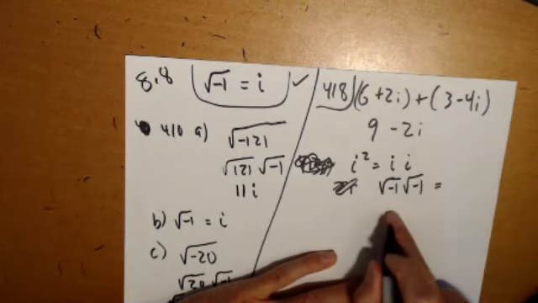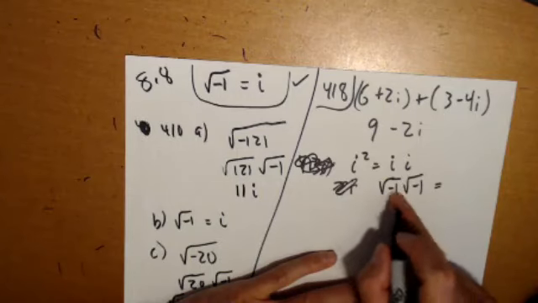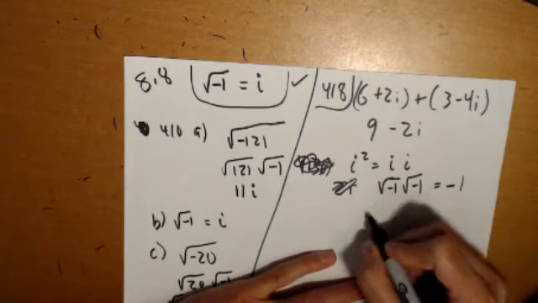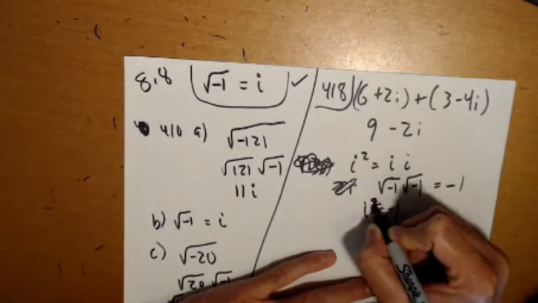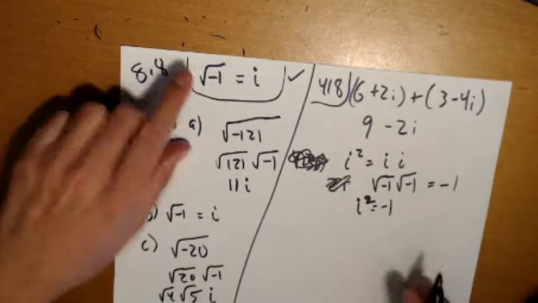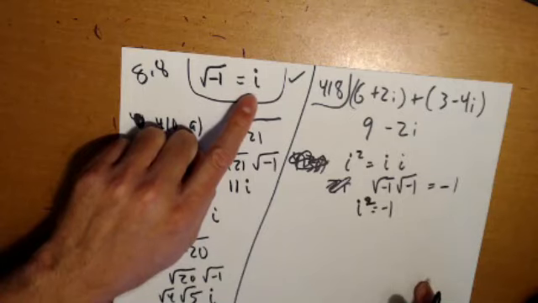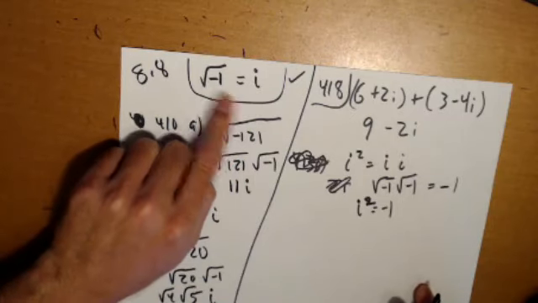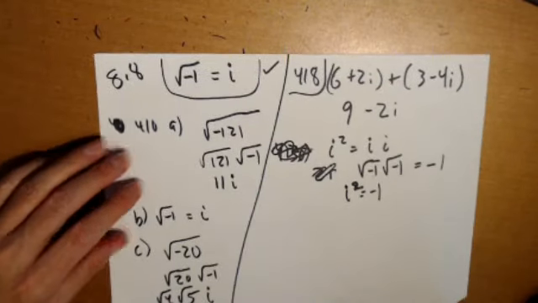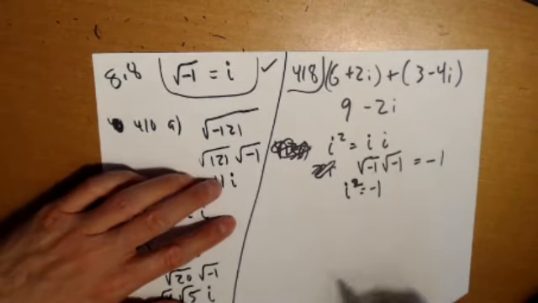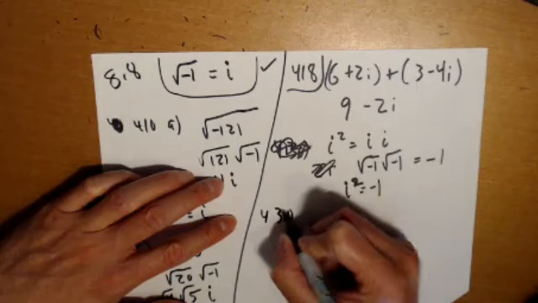So if you look at it like that, this number times this number is just going to give us -1. So i squared is just -1. So i is just always i, but i squared turns into -1. What? Okay. Confusing, I know.